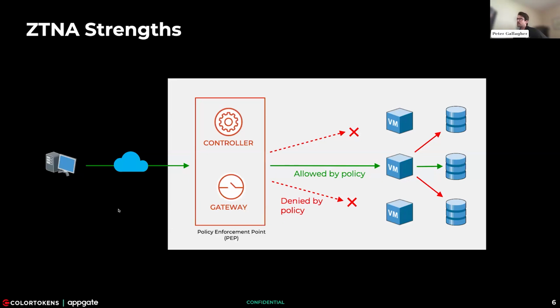What AppGate brings to the table here is a resolver, where we are metadata aware and can use the metadata in the same form that it's used to create policy in Color Tokens to define policy in AppGate. For example, I can say that I need access to all of the web applications in AWS that are currently in production, whereas a systems administrator might just need access to all of the Linux servers, and the Windows administrator might just need access to all the Windows servers.